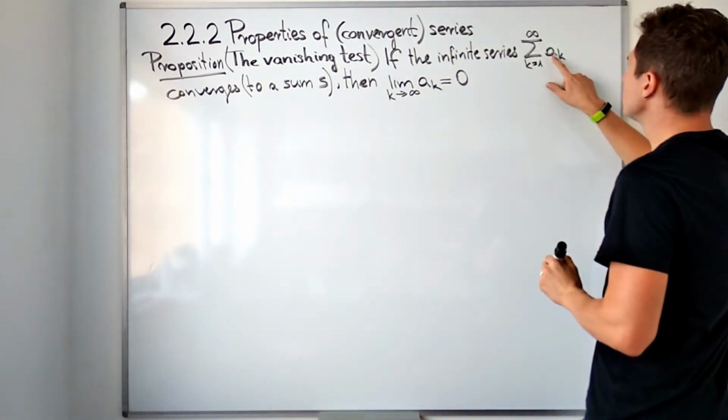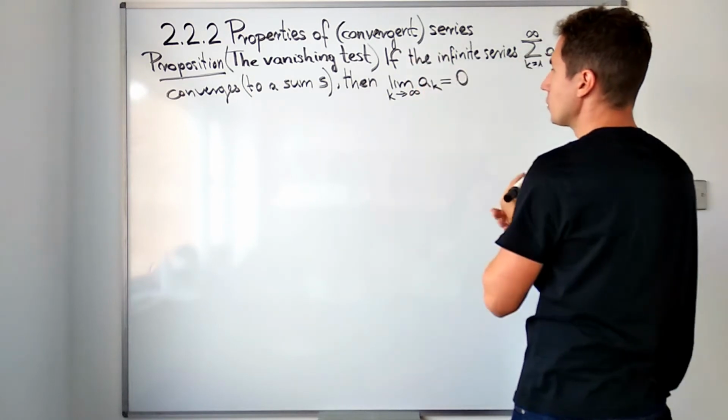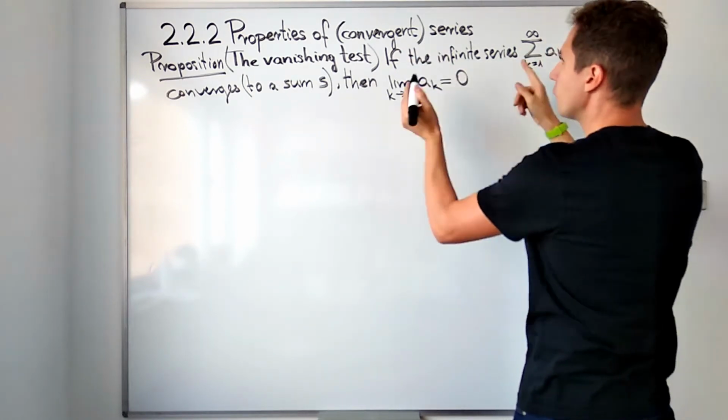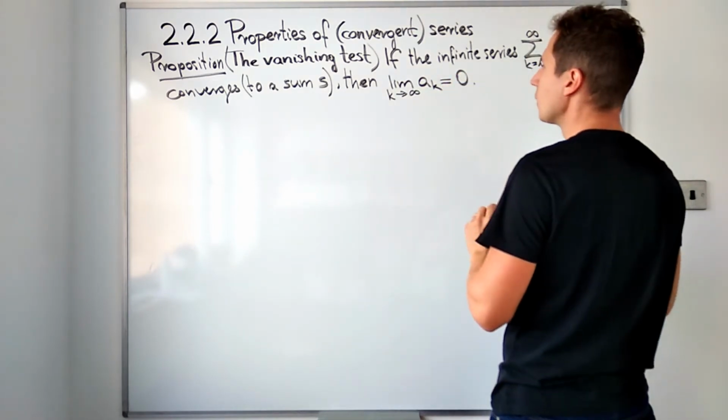So the terms in the sequence individually have to converge to 0 if our series is convergent. Okay, so this is the vanishing test.